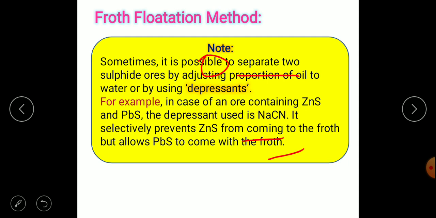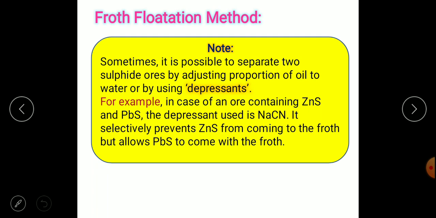Sometimes it is possible to separate two sulfide ores by adjusting the proportion of oil to water or by using a depressant. A depressant is a chemical which inhibits or prevents the absorption of a collector by a mineral particle and thereby prevents its flotation. For example, in case of an ore containing zinc sulfide and lead sulfide, both have sulfide.